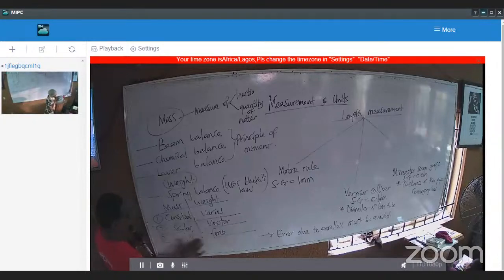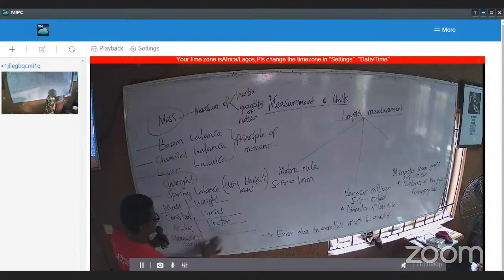So for the moment, under mass, it measures inertia. Then weight measures force. That's it.